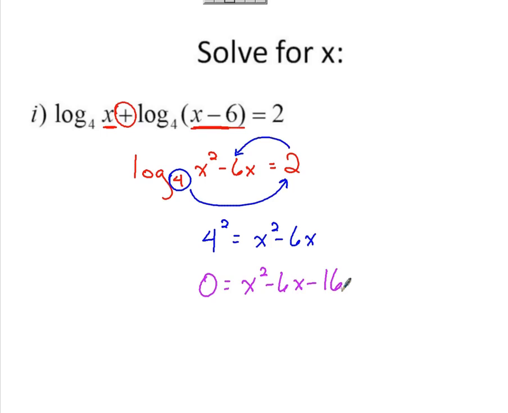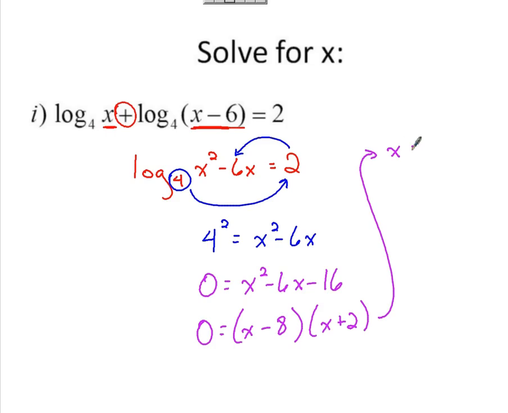Either factor to solve or use the quadratic formula. This is factorable. It factors to x minus 8 and x plus 2, meaning your answers for x: x minus 8, if that equals 0, x is 8. x plus 2, if that equals 0, x is negative 2.